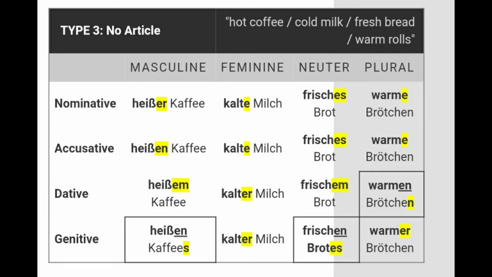Let's have a look at the table for the endings that are used when no article is present. Again, focus on the top row, the nominative case. You'll see the R, E and ES endings.